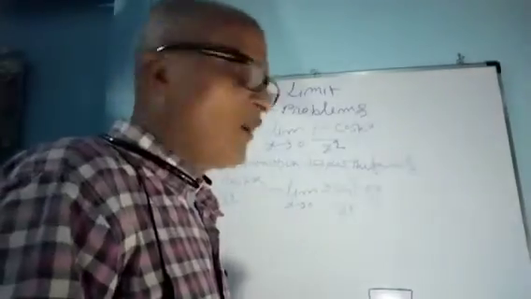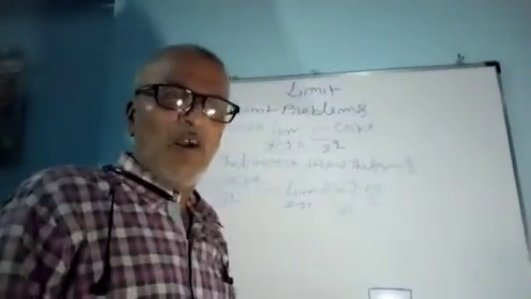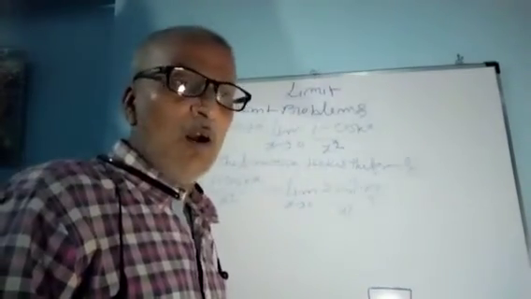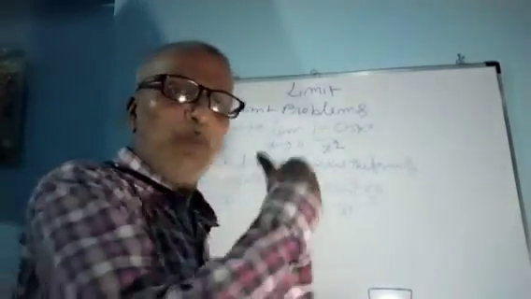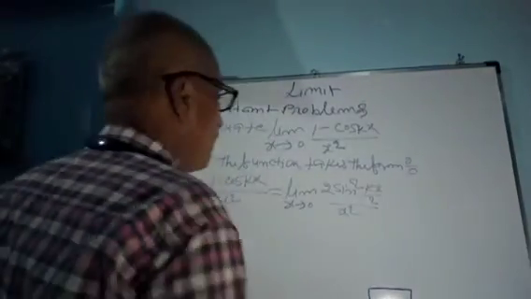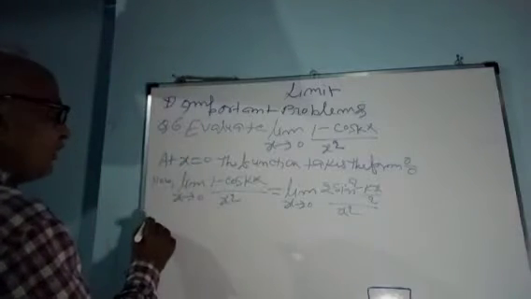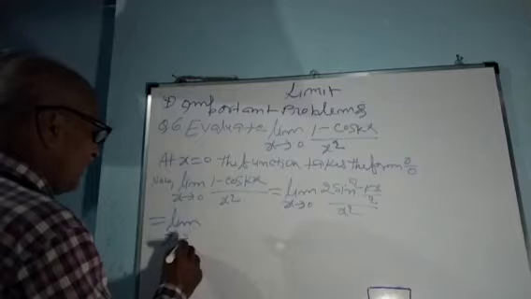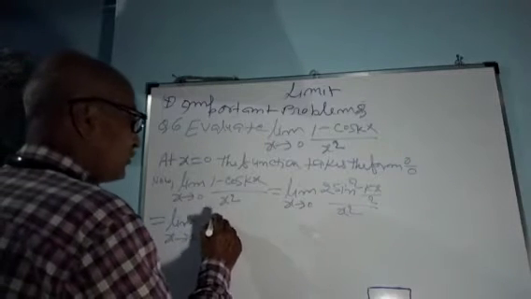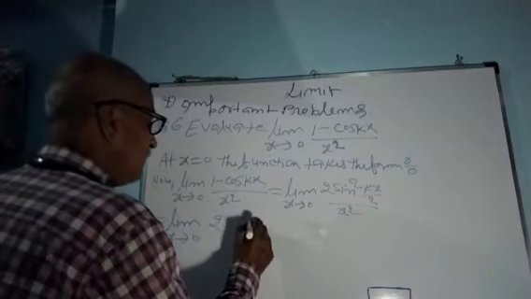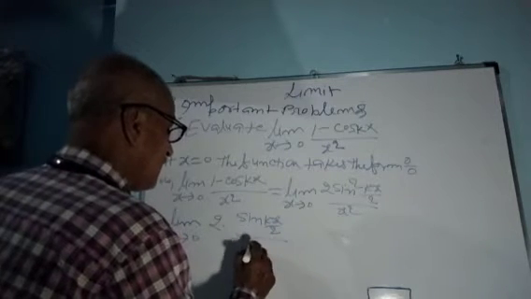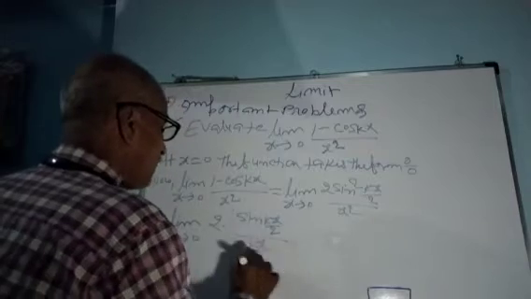We do this to convert the function into the trigonometrical formula which I have discussed in the previous video. Let us see. This is equal to limit x tends to 0 of sin kx by 2 by kx by 2 whole square.